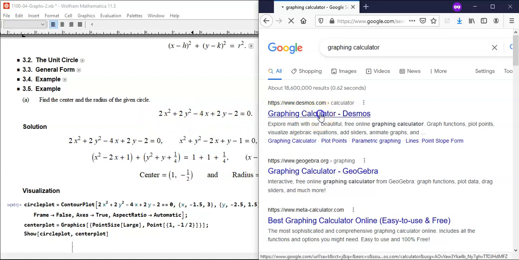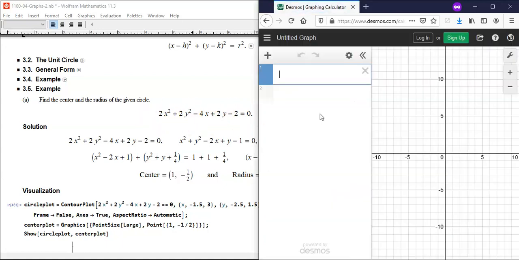Okay, plot this: 2x squared, sorry about the typo, plus 2y squared minus 4x plus 2y minus 2 is equal to 0.